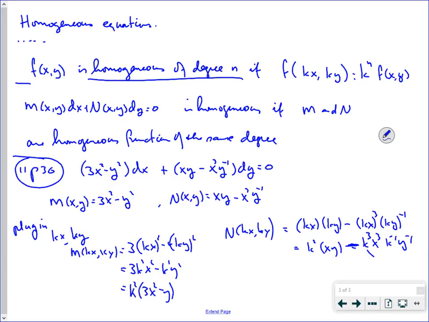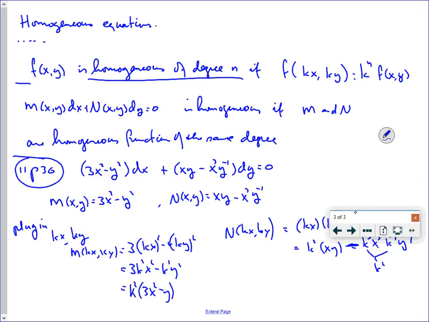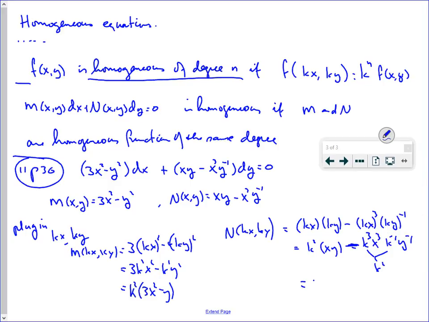But this is just k squared as well. So you can factor k squared out of these two terms. You have k squared times (xy minus x cubed y to the minus 1). So it is degree 2 homogeneous.